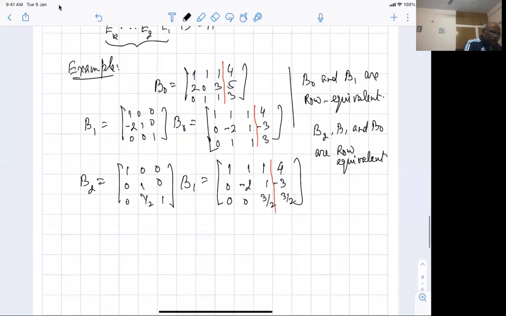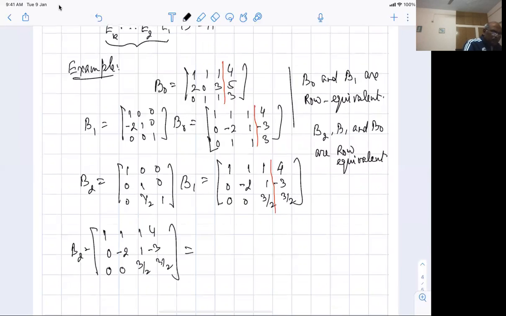Why are they row equivalent? B2 is this matrix, 1 0 0, 0 1 0, 0 half 1, times B1, and B1 is 1 0 0, minus 2 1 0, 0 0 1 times your B0.